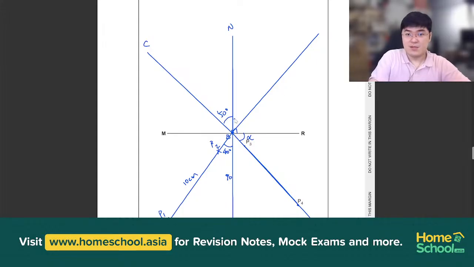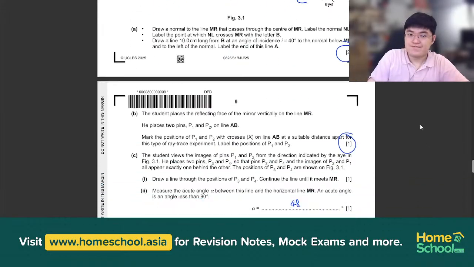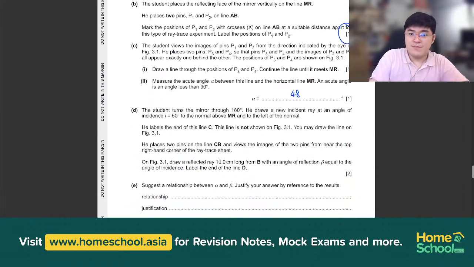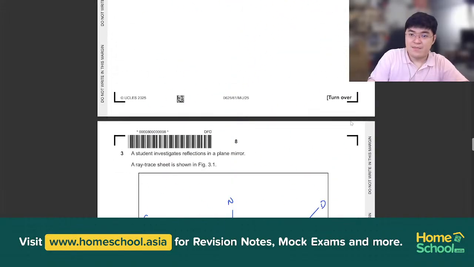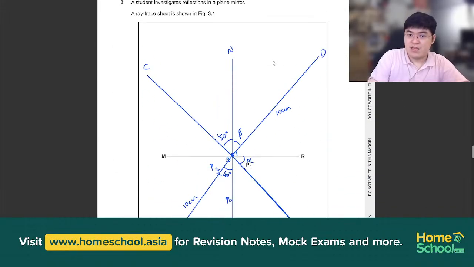This is also 50 degrees and this should be beta. And this is 10 cm, and this should be D. So as you know over here, because we are doing this, beta is also equal to 50 degrees, okay?